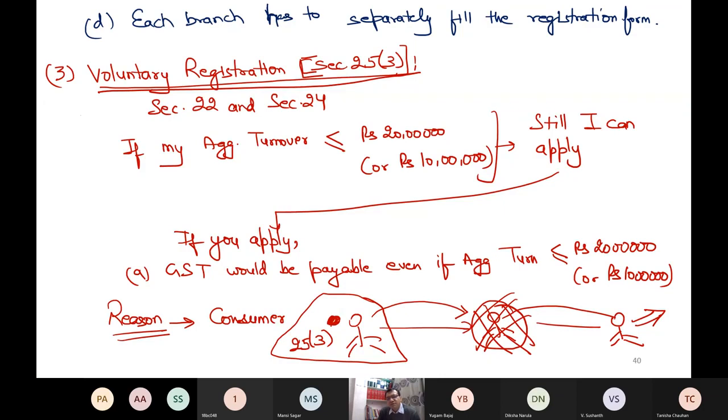So there may be so many businesses also who never purchase the goods or never avail the services without paying the tax. So many times, just to make sure that business or the consumers are not lost, so many businesses themselves apply for registration voluntarily, even if the aggregate turnover does not exceed the limit.